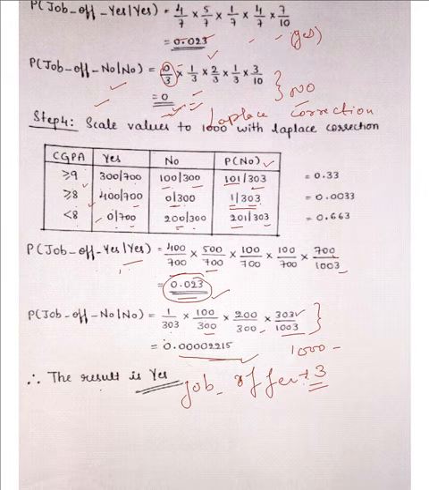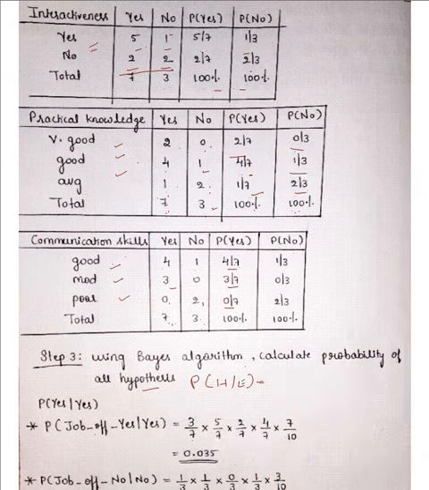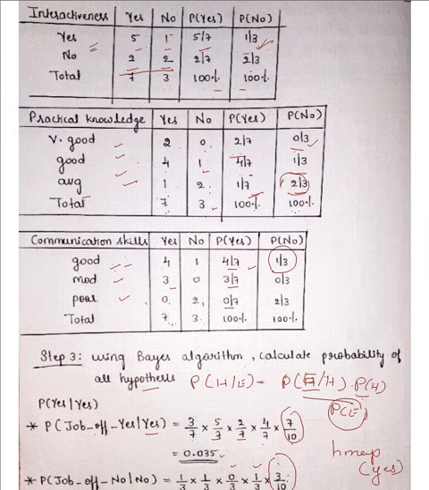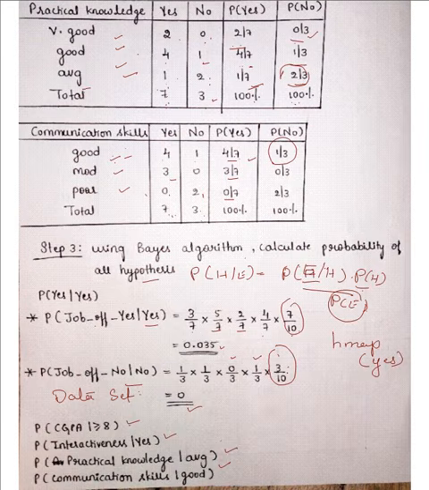So here, if you observe the beginning sample data set, the first step what we have considered here, this is how we computed in step 3. If you see here, we are taking only the positive instances. Here, simply instead of writing the data set, we have taken all the positive instances with job offer yes for the first attributes.